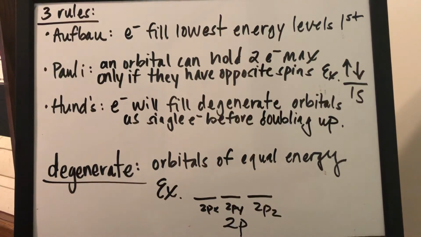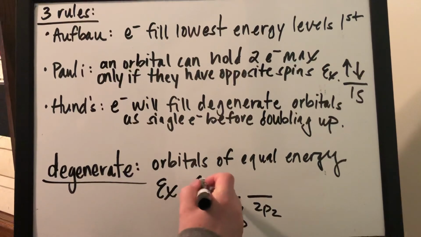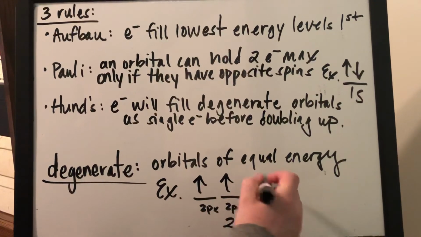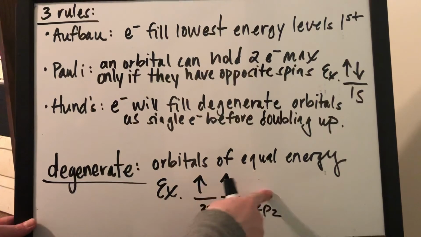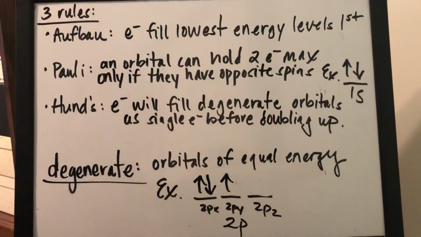Okay, electrons fill as single electrons before doubling up. So what that means is if I have 3 electrons to place in the 2p orbitals, I'm going to put 1 electron in each orbital because this rule says they're going to fill as single electrons before they double. Meaning that if I had 3 electrons to place, I would not do this, because I haven't filled them all as single electrons.